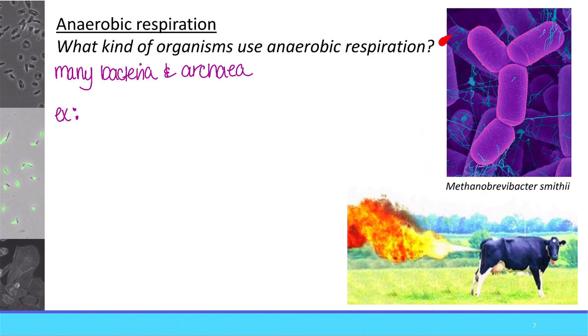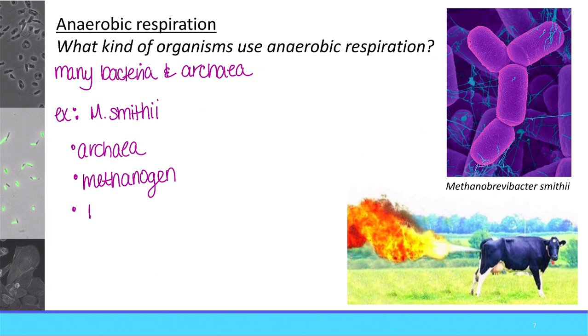So here is M. smithii, and M. smithii is an archaeon. I always spell archaea wrong. Maybe one day I'll be able to spell it correctly. It is also something known as a methanogen, and it is found in the human gut and in ruminant guts as well.